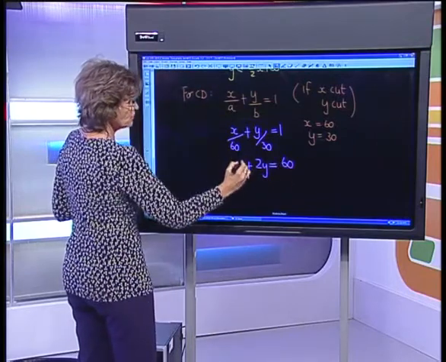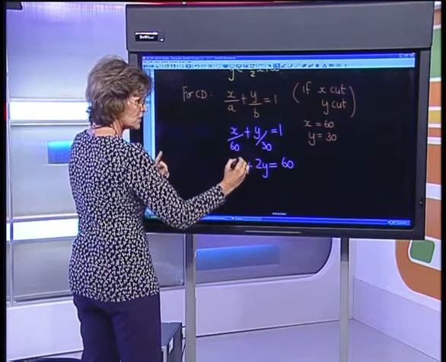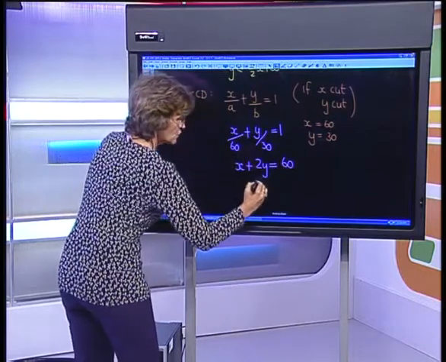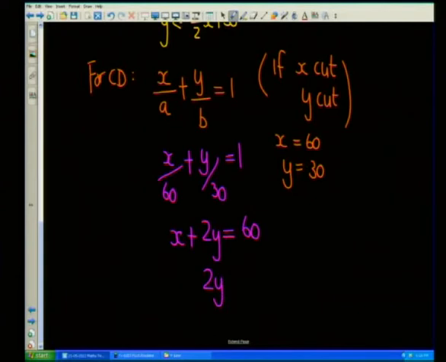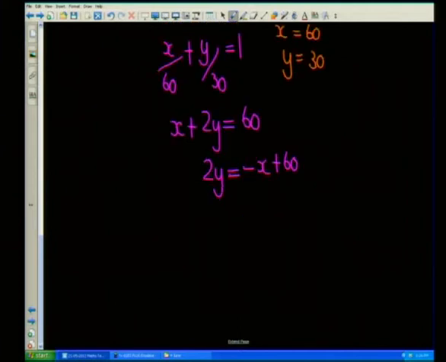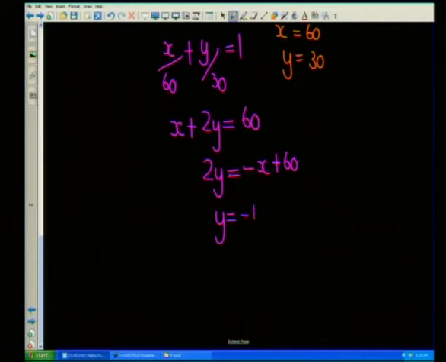Now, can you see that if I actually got that into the y form, it would be 2y is equal to negative x plus 60. And finally, dividing by 2, it would be y is equal to negative a half x plus 30.